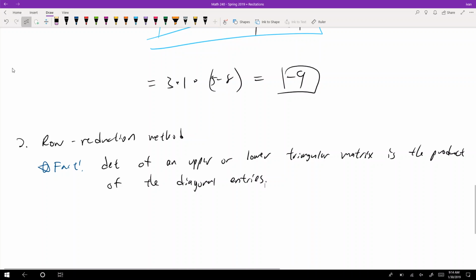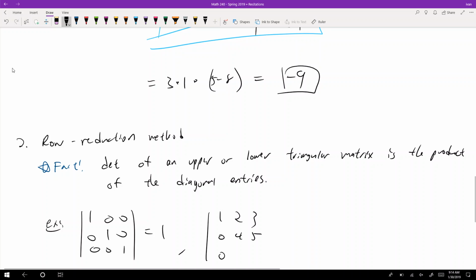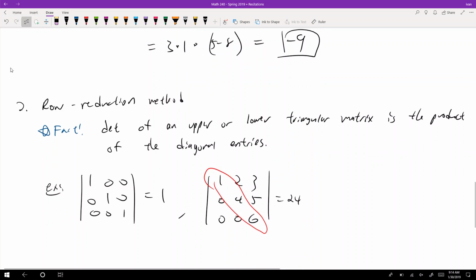So for example, if you have the 3x3 identity matrix, we just multiply the diagonal, and that's equal to 1. If you have 1, 2, 3, 0, 4, 5, 0, 0, 6, we just take the product of the diagonal, which is equal to 24. And if you have -3, 0, 0, -1, -2, 0, 0, 0, 1, again, this is a lower triangular matrix, but we just take the product of the diagonal, and this is going to be equal to 6.